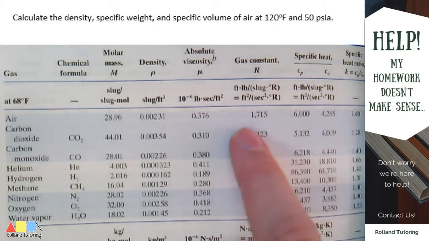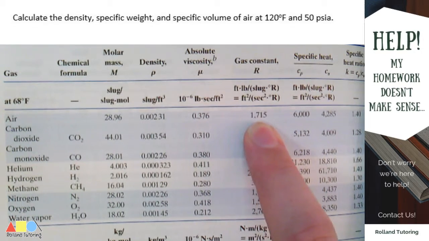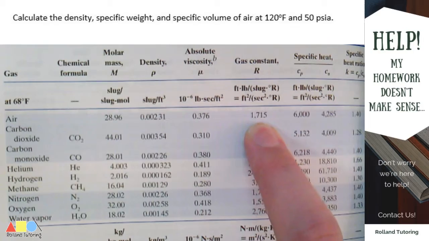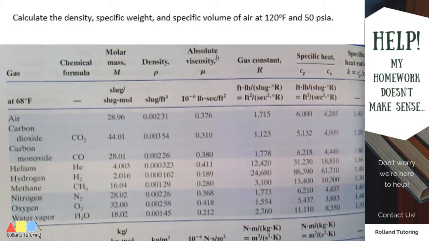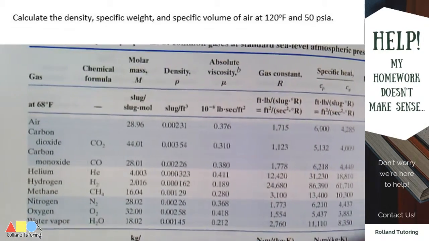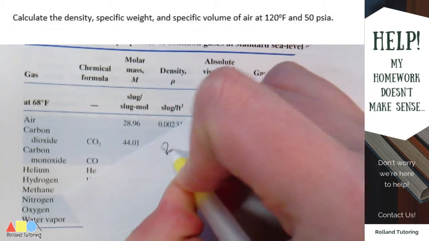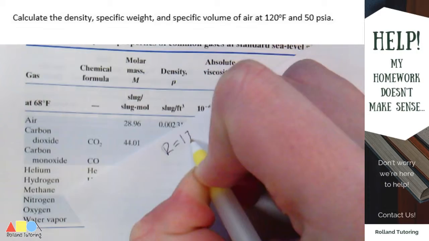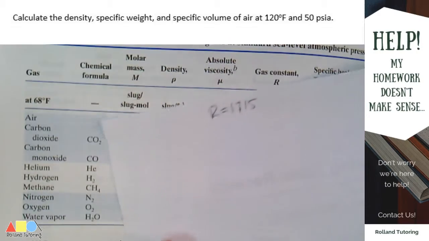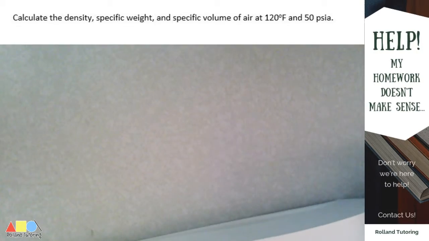So we can come across and find that our R for this one is going to be 1715. So we will copy that down. R equals 1715. And then we can go ahead and get started.